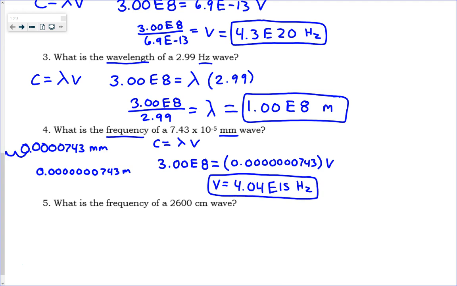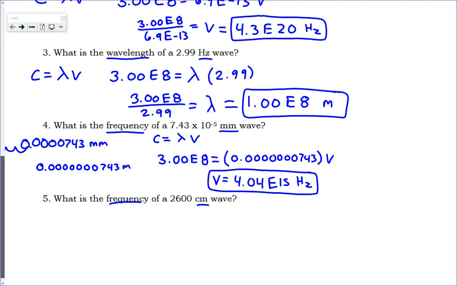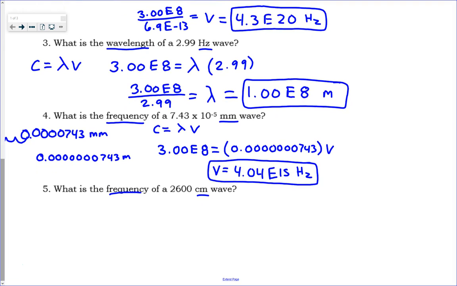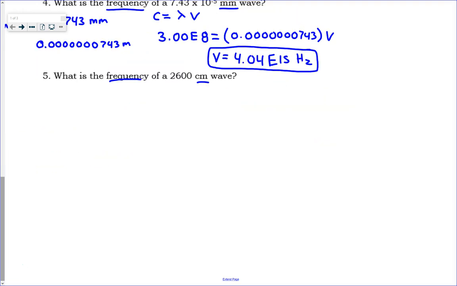All right, one last example here that also deals with frequency and wavelength. This time it's a little bit of an easier conversion because lambda is just going to be 26 meters, converting from centimeters to meters. So again, that's going to be the first step. Lambda, converting it here, equals 26 meters. So that is in the right units now.